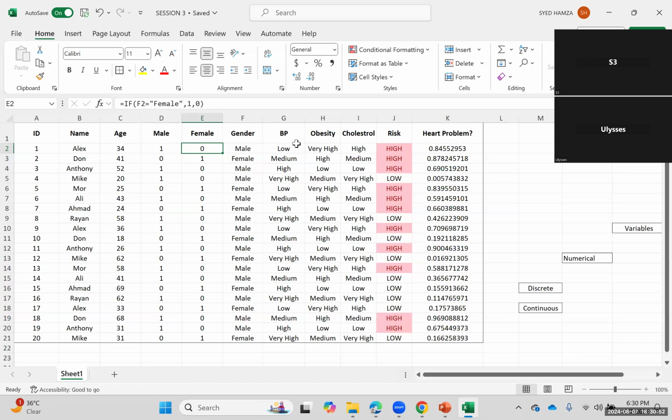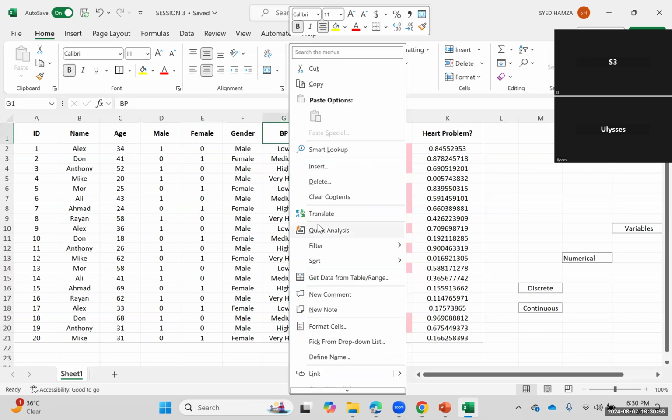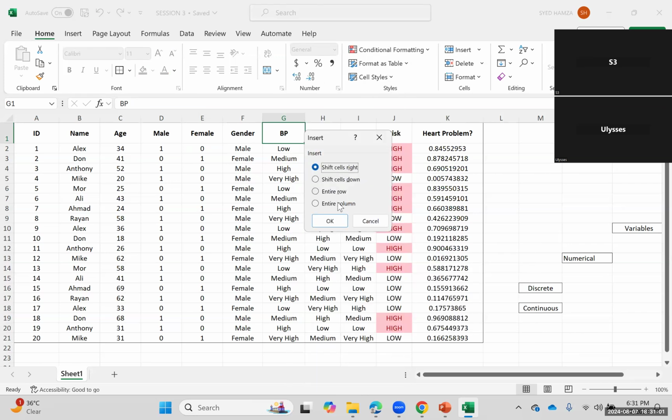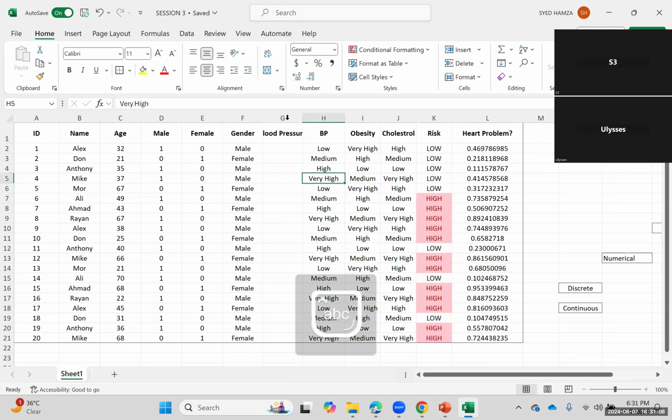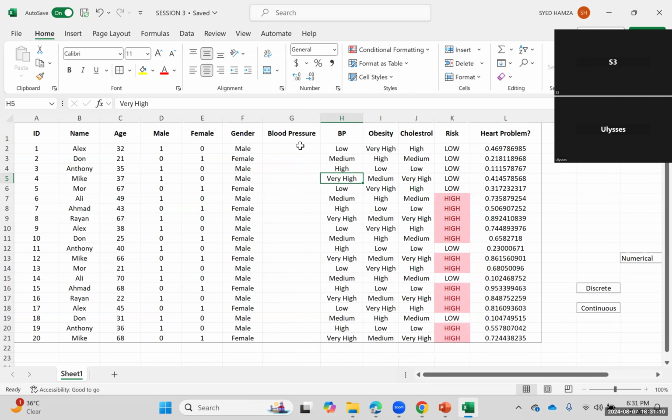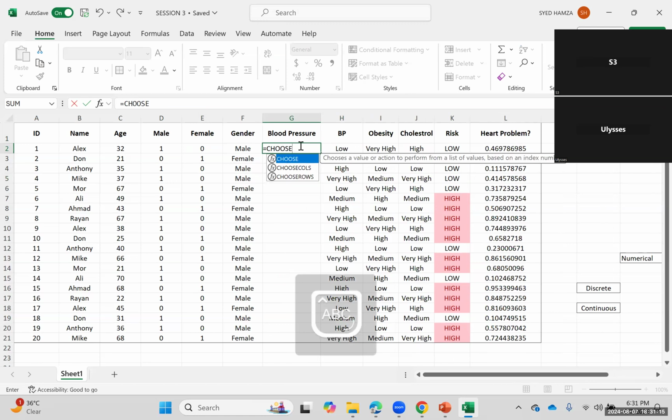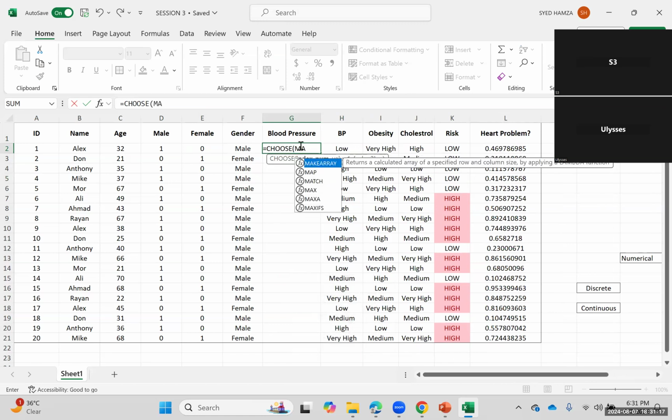Similarly, for the BP, you can also convert that. Let's say I want to convert this to ordinal. So I'm going to create a new column here, blood pressure. Here, Excel things are a bit easy to do. This is H2, right?